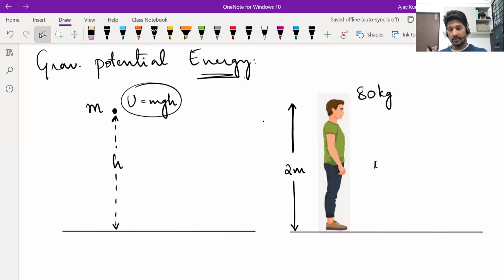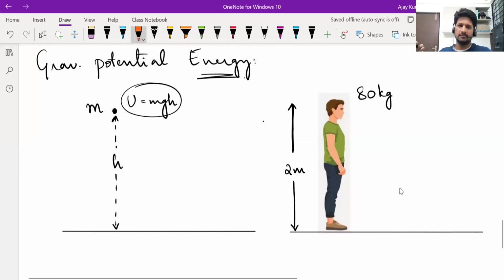But now in this chapter we learn how to account for dimensions of the objects. So as Pawan correctly pointed out, all the mass is not at the same height. So for different masses of the system, we'll have to assign different heights and find out their potential energies individually.